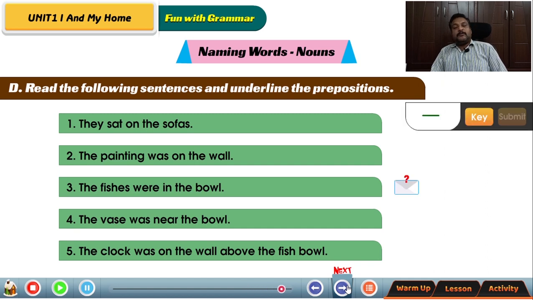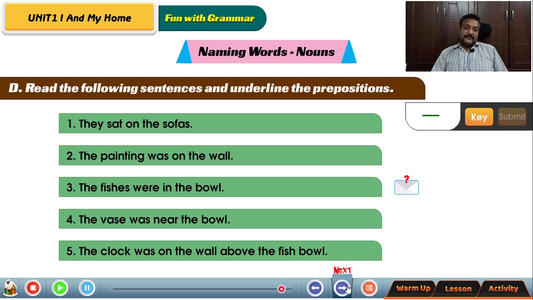So now we have learned about the prepositions, and what we need to do now is underline the prepositions in these sentences given. The first sentence is, they sat on the sofas, the painting was on the wall, the fishes were in the bowl, the vase was near the bowl, the clock was on the wall above the fish bowl.